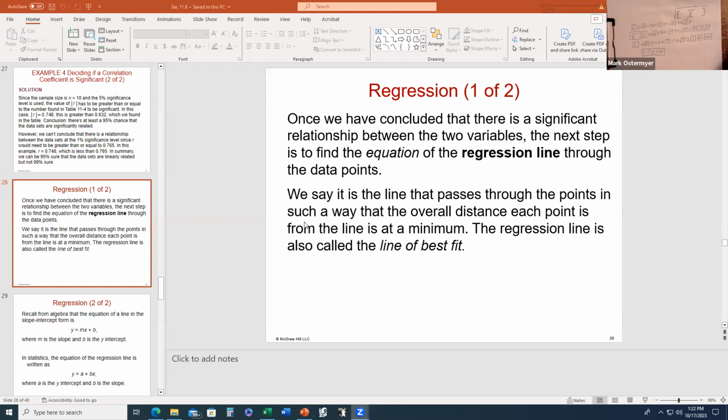There is no other line that fits your ordered pair data better than the one we can come up with, called a regression line or the best fit line. And guaranteeing that is a branch of mathematics called differential calculus, because that's where the formulas come from that we're going to use to compute our linear regression or best fit line. Okay.